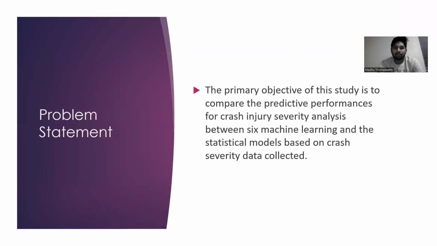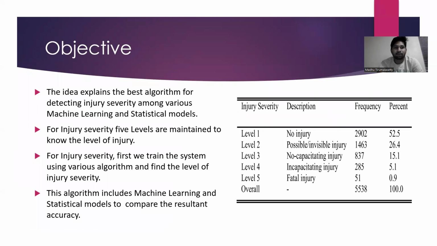The problem statement: the primary objective of the study is to compare the predictive performance for crash injury severity analysis between six machine learning and static methods based on the crash severity data collected. Now the objective: the idea is to find the best algorithm for detecting injury severity among various machine learning and static models.